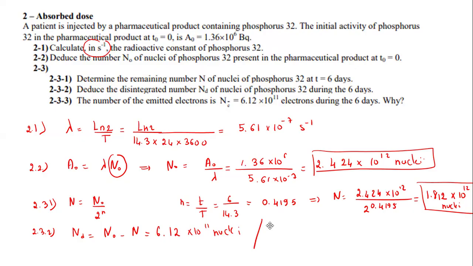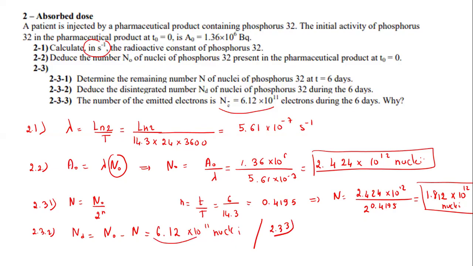So part 2.3.3. Now we have to find the number of emitted electrons during the 6 days. Why? If we notice, the number of electrons that are emitted or produced is the same as the number that disintegrated. How do you find the number disintegrated? The number that is disintegrated is the same as the number that is formed.